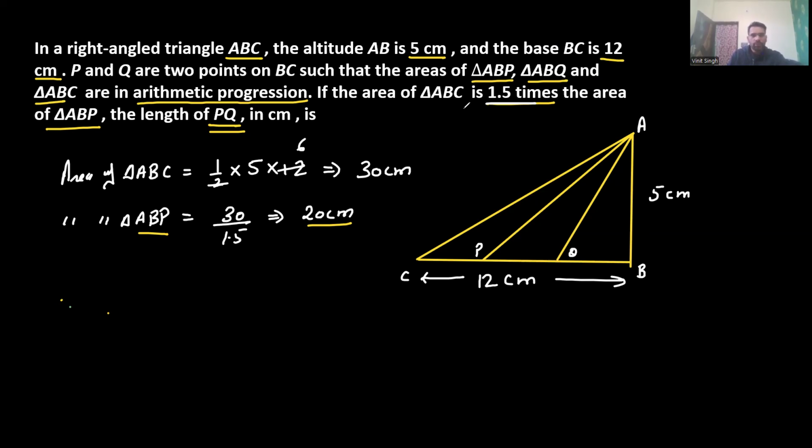Now, ABP, ABQ and ABC are in arithmetic progression. Here is 30, here is 20.